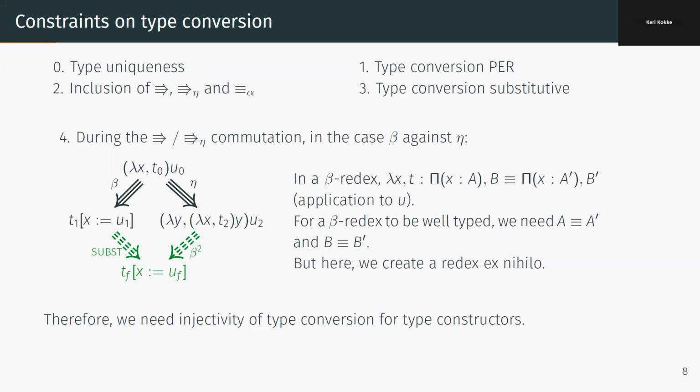Now, the thing that happens when we have an eta expansion is that here on the right, we are introducing a new beta redex, lambda x. t2 applied to y, ex nihilo. So it has to be inside of a beta redex, but this beta redex is a new one.